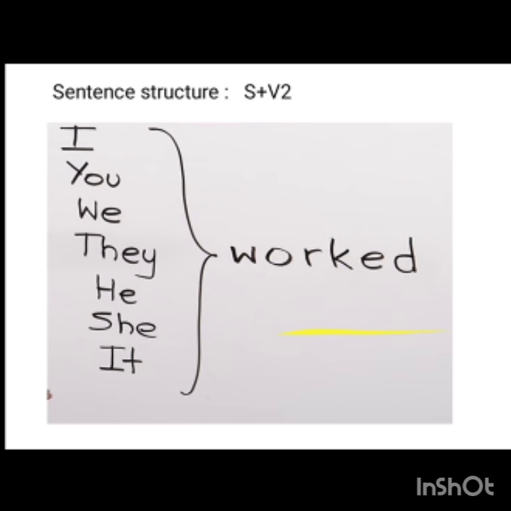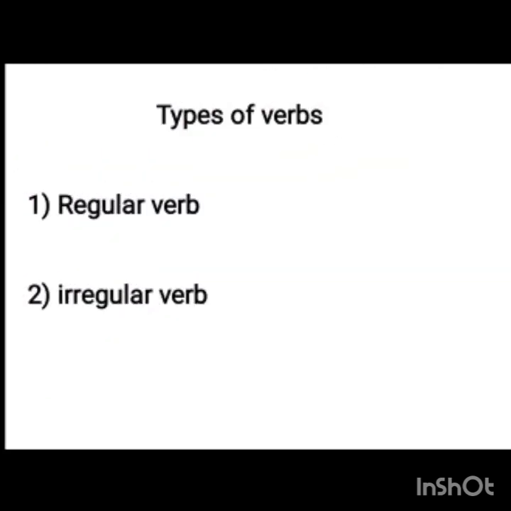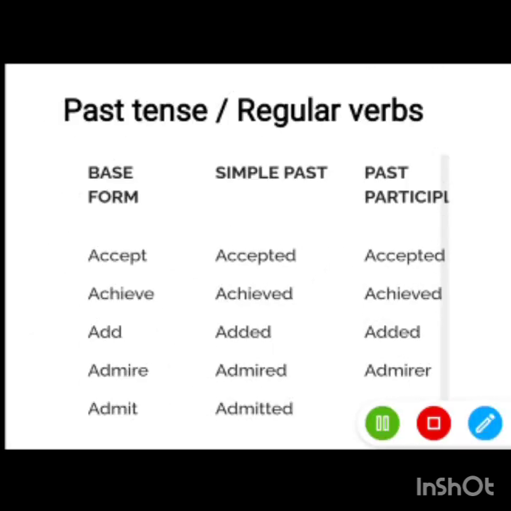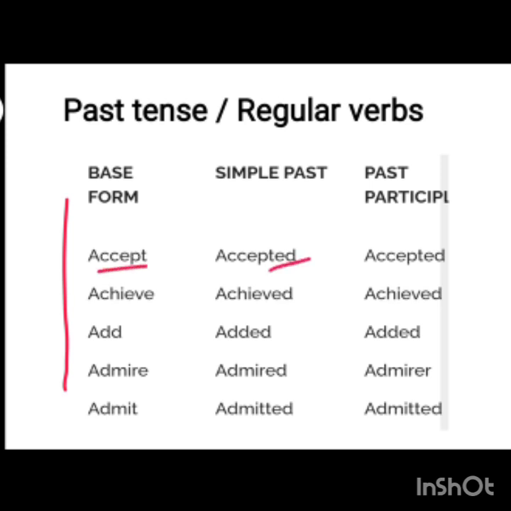There are two types of verb forms in English grammar. They are regular verbs and irregular verbs. These are all called regular verbs. In the main verb we just add ed alone in the past form.